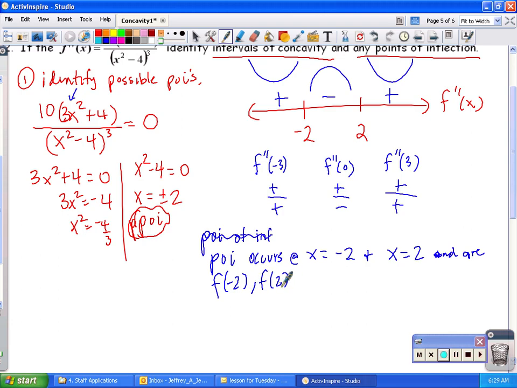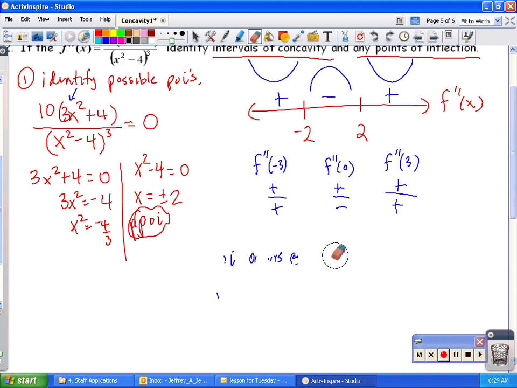Actually, we're not looking for local max and mins. Let's regroup that. Let me erase and start over. I apologize, because it says we're looking for points of inflection.